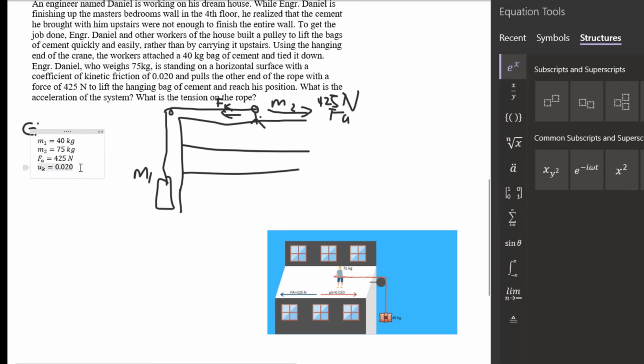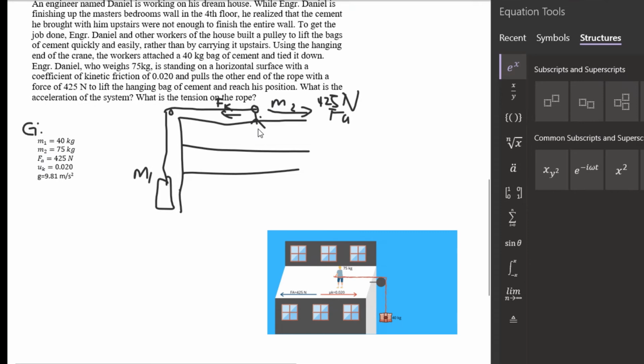But we should also always consider a given quantity that is constant, which is the value of gravity, 9.81 meters per second squared. So I think we all have it.